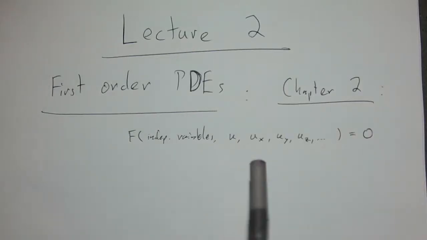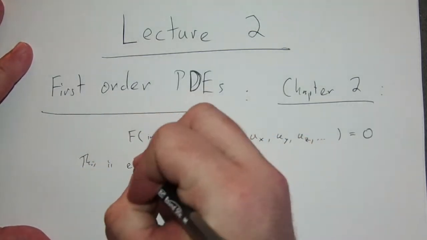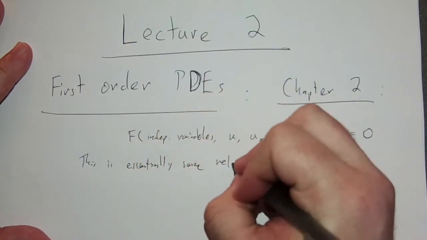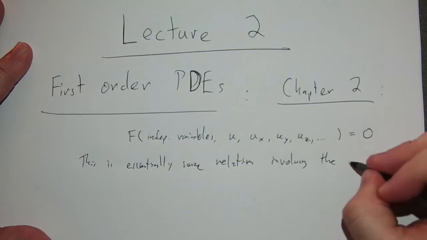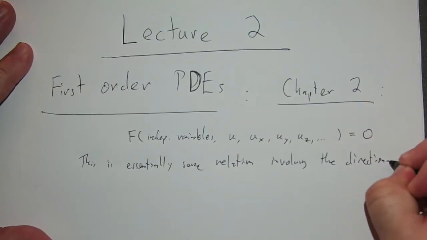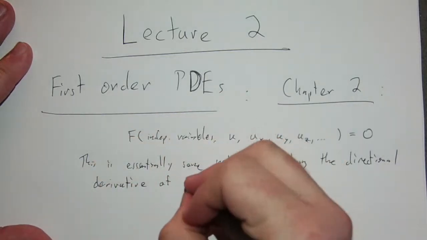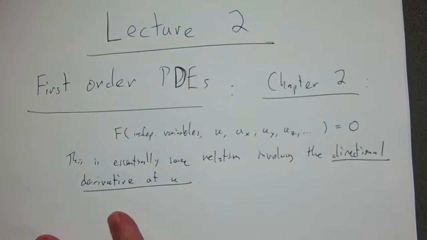So thought of in this way, this is essentially some relation involving the directional derivative of our unknown function u. And maybe it involves u itself, but the idea is it involves the directional derivative in some way.